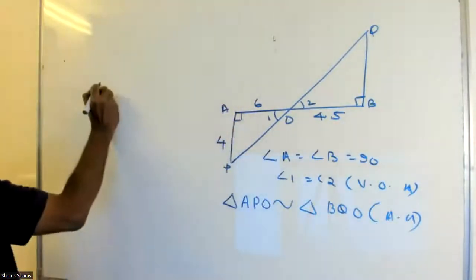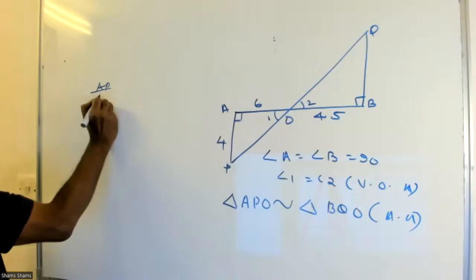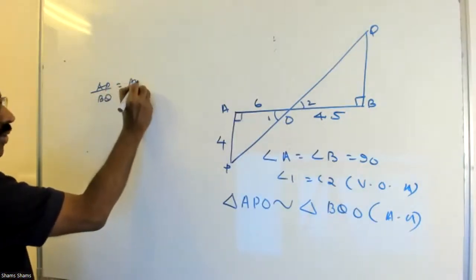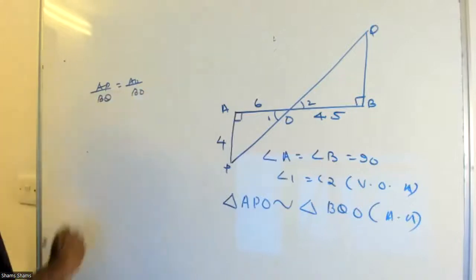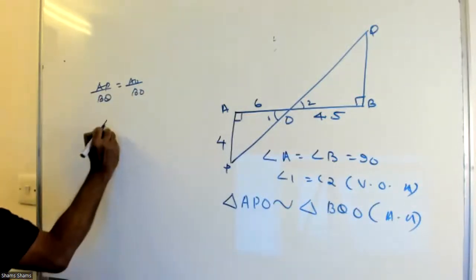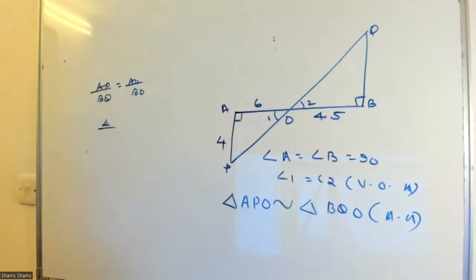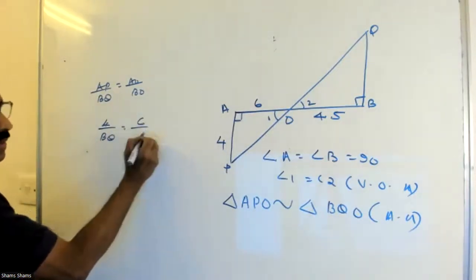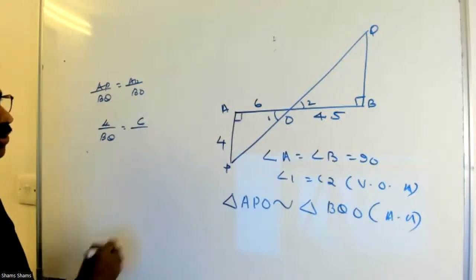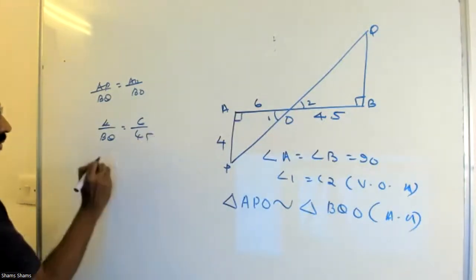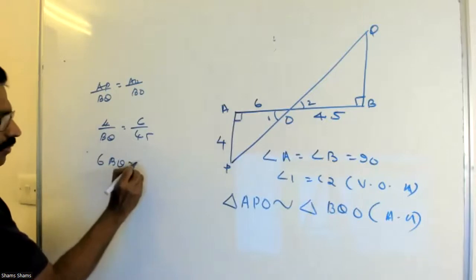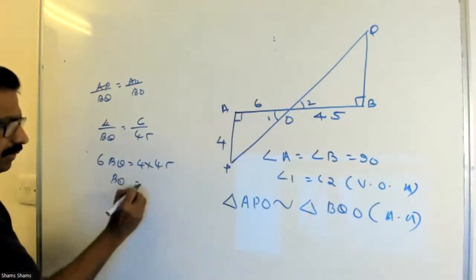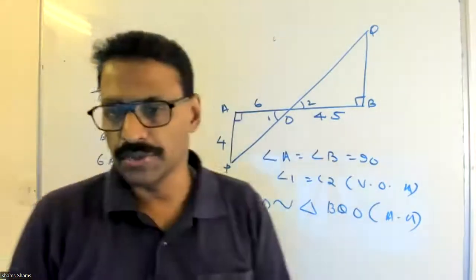Then AP divided by BQ equal to AO divided by BO. AP 4 divided by BQ only, AO 6, BO 4.5. So 6 into BQ equal to 4 into 4.5. So BQ you have to find out. Okay. BQ is 3.